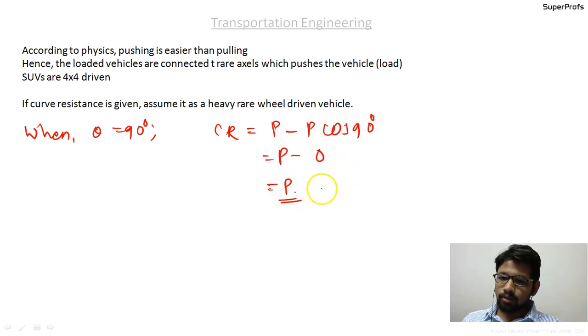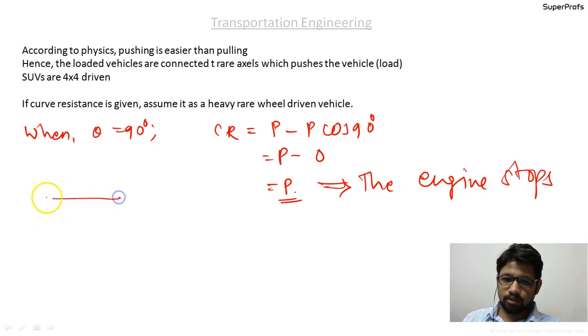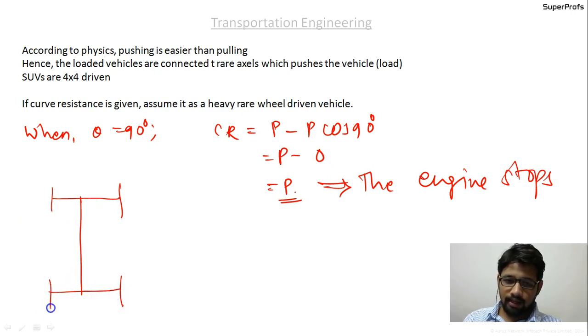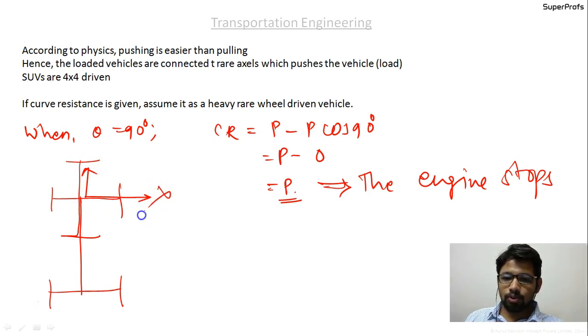Okay, so in this case the engine stops. So this is the case in which, see, suppose this is the vehicle, and the axle is completely rotated by 90 degrees. The vehicle's push is like this, but the motion expected is this one, which is not possible.